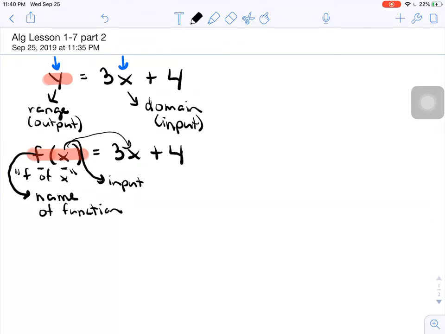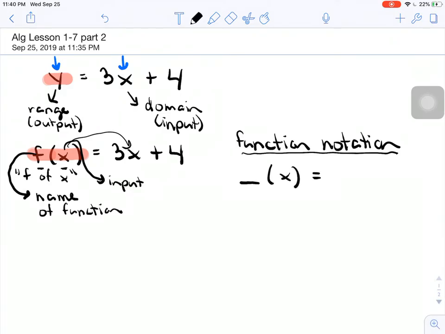So a generic outline for function notation would look something like this.